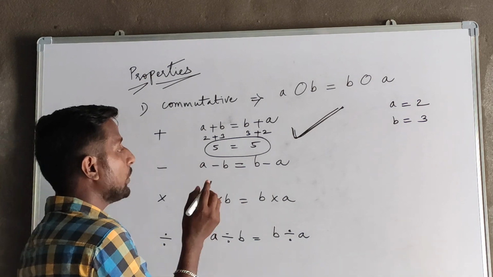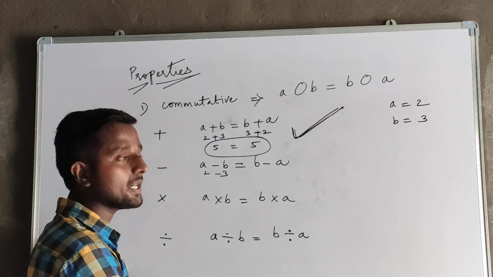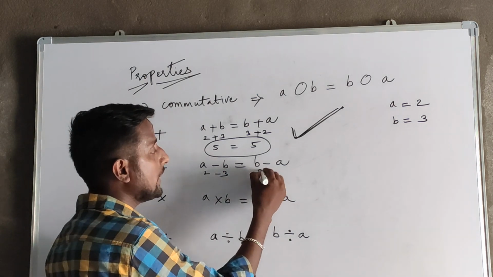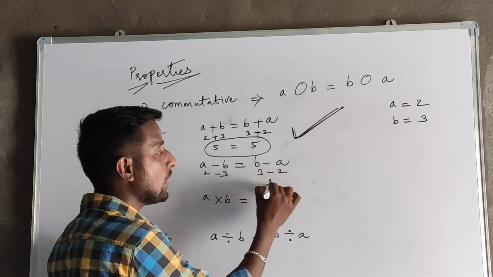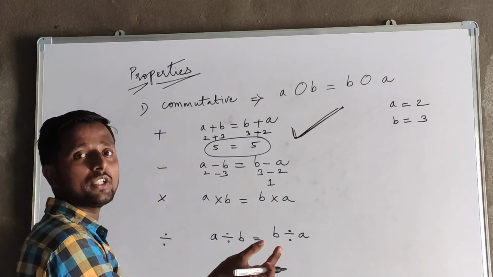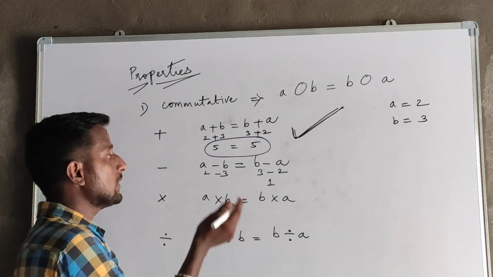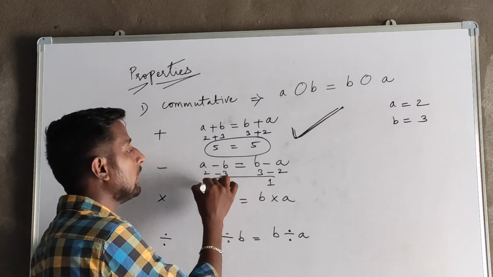Next, A minus B. Look at 2 minus 3. Next, 3 minus 2. 3 minus 2 is very easy, answer 1. Correct? But 2 minus 3, 3 is a larger number, it has a negative sign, so the answer is also negative, minus 1. What did we get here?